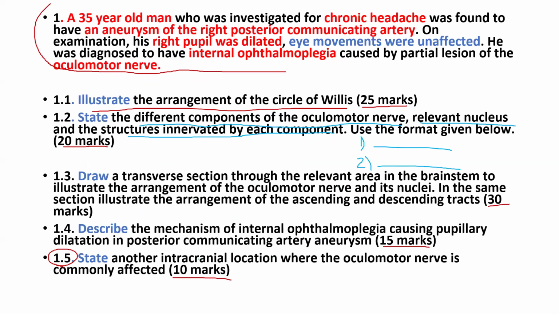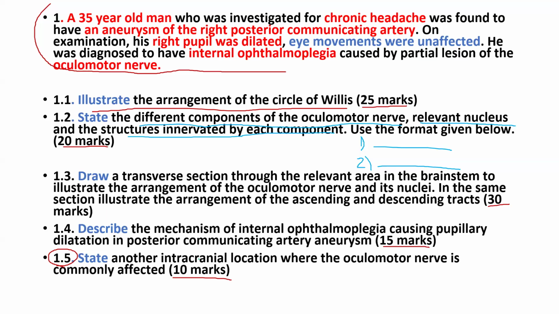Now, there's another one, the third one: draw a transverse section through the relevant area in the brainstem to illustrate the arrangement of the oculomotor nerve and its nucleus. In the same section, illustrate the arrangement of the ascending and descending fibers. So this is a bit complicated, so we'll keep that one.